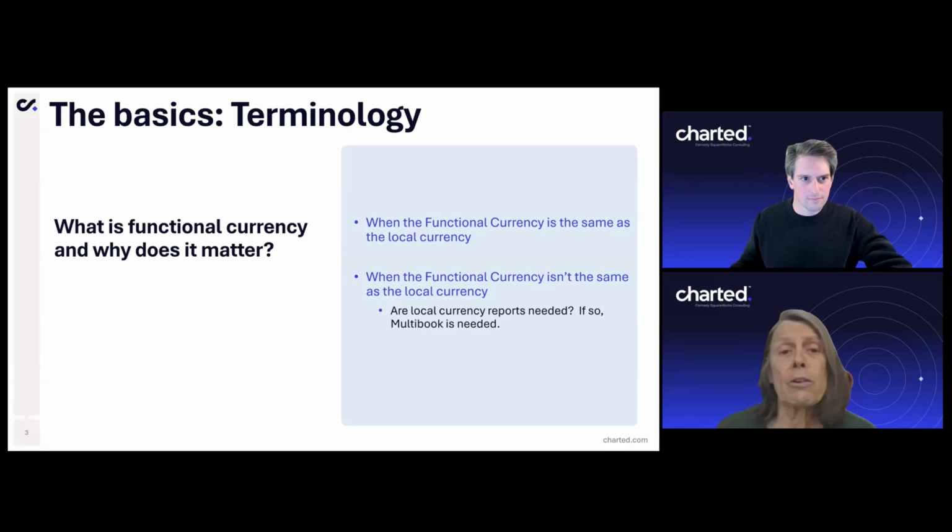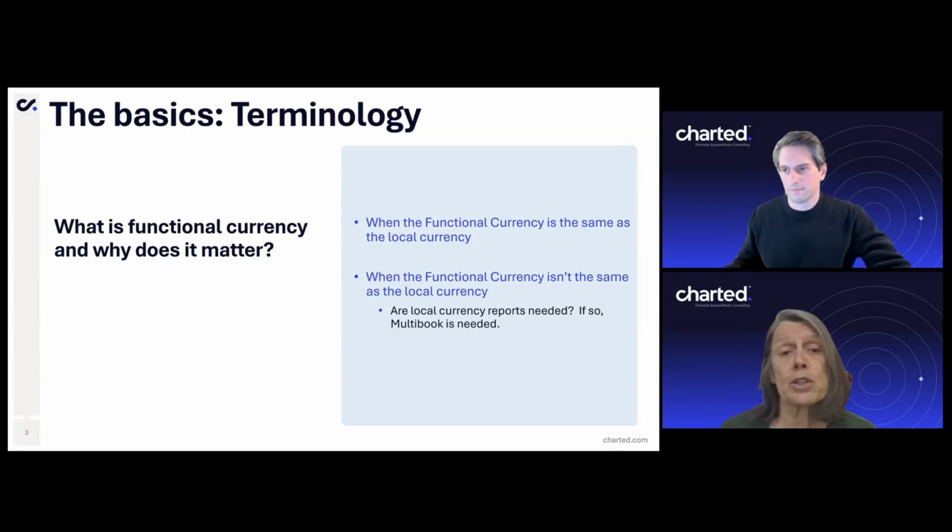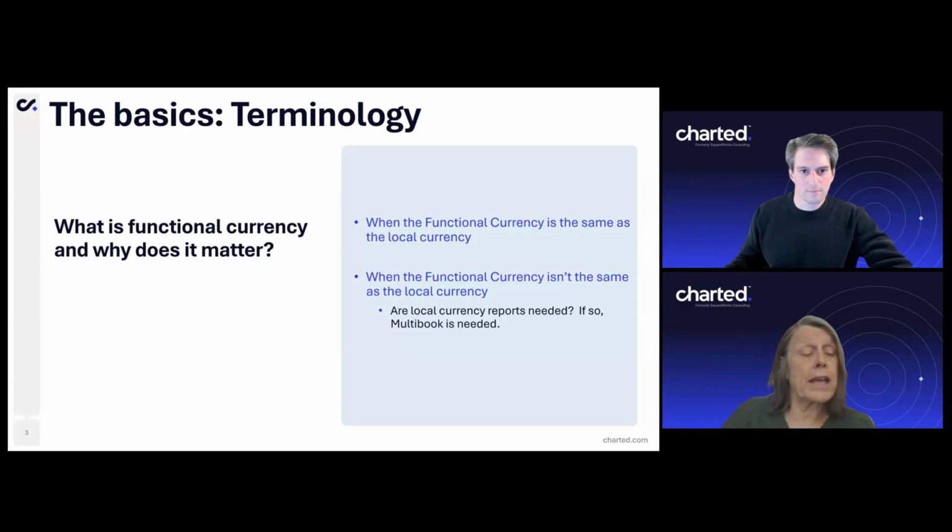So if you are in Germany, for example, and your auditors have decided that for GAAP purposes, you should be in the functional currency, the parent currency, but the Germans want local currency and they want books that are natively in that currency, you might need full multi-book, which permits you to carry a statutory book in euros while maintaining a primary book in US dollars. So that becomes very important.